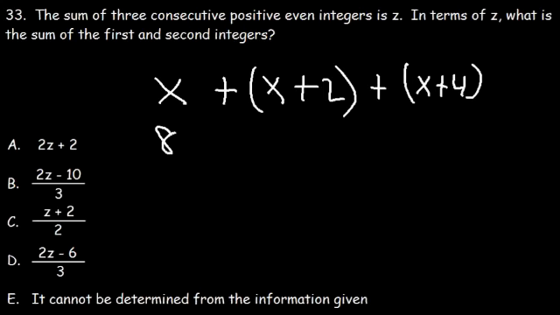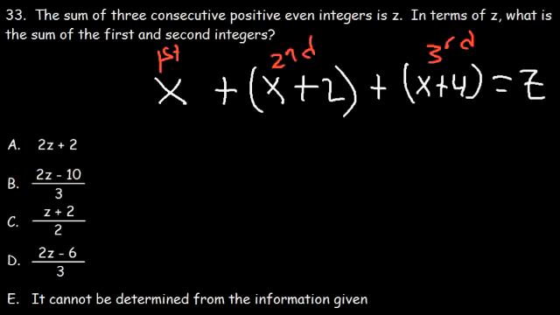Now, the question stated that the sum of these three consecutive even integers is equal to z. So that's the equation that we have. And somehow, with this equation, we need to find out what the sum of the first and second integers are in terms of z. So here's the first one, this is the second, and this is the third.